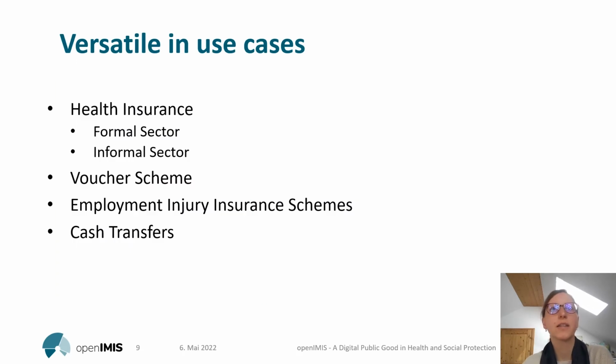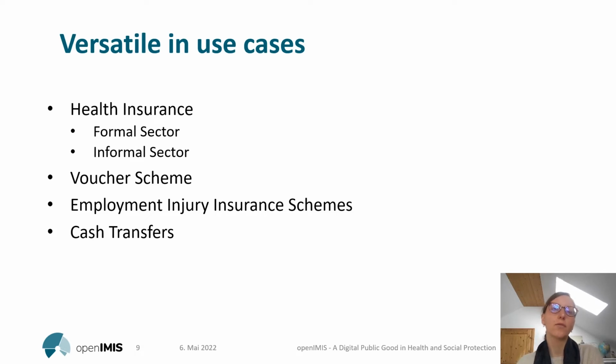I had stressed the modular build in the earlier slides, and this is what eventually allows the flexibility in use cases. So you have openIMIS from the origin, supporting health financing schemes in the informal sector, but then now also in the formal sector.